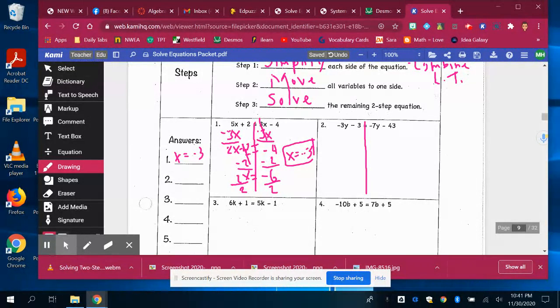All right, number 2, there's a lot of negatives in here. Hopefully those didn't mess you up at all. I'm going to notice that I don't have to simplify on either side. So I can move on to step 2, which is move my variables. And I like to move this negative 7y, and I'm going to move that by adding 7y to both sides.